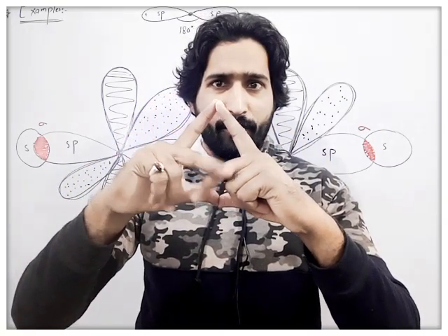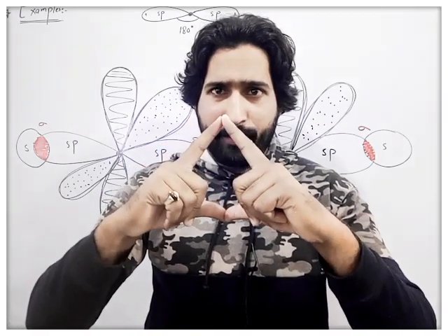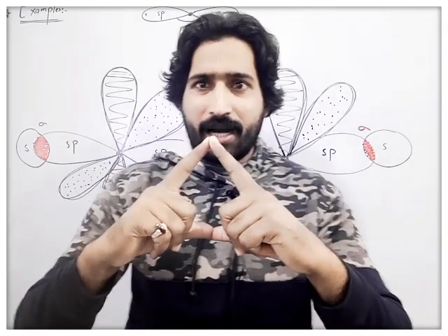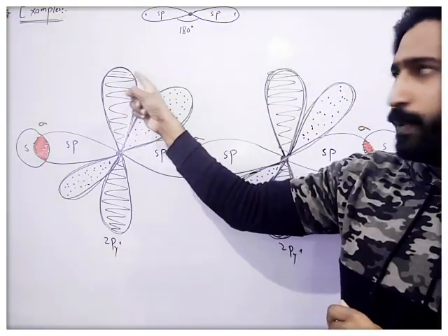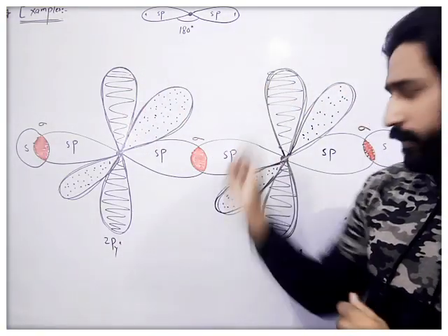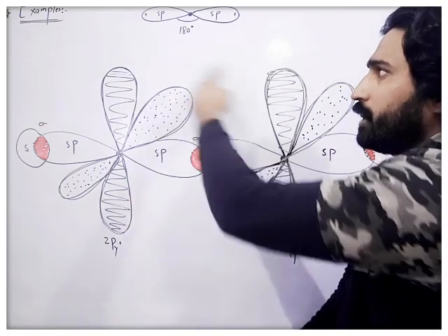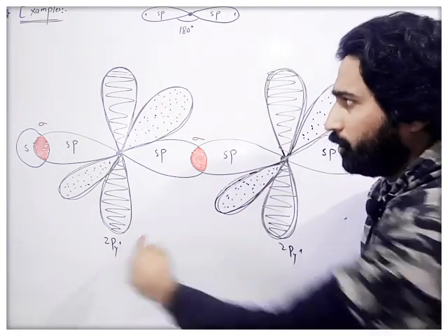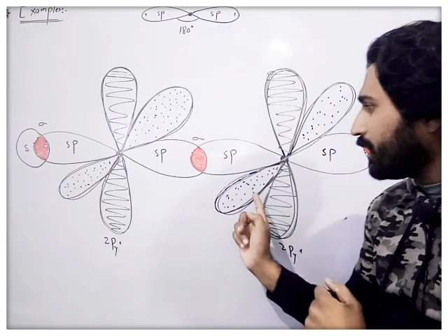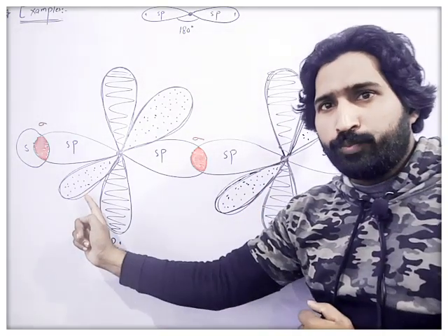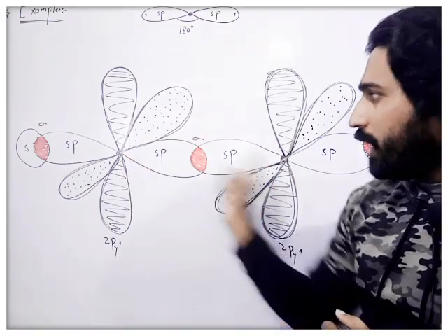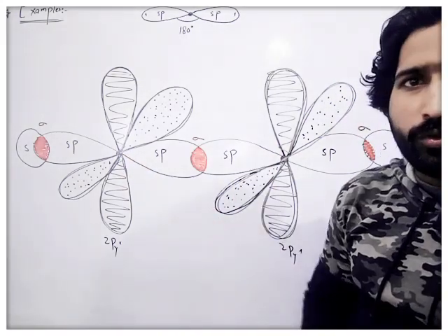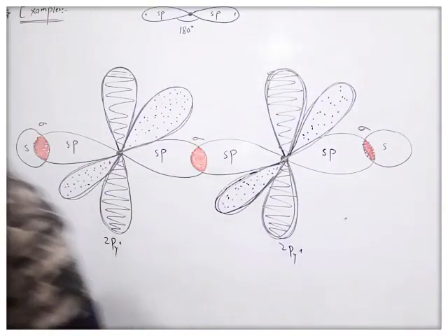And we know that the bond which is formed due to the parallel overlapping of orbitals is called a pi bond. Here 2py will parallel overlap to 2py, half pi bond above and half pi bond below. 2pz will parallel overlap to 2pz, half pi bond above and half below, across the line joining the two nuclei, and that is overlapping.